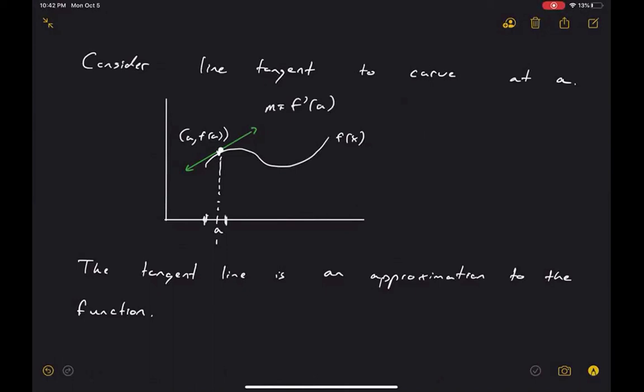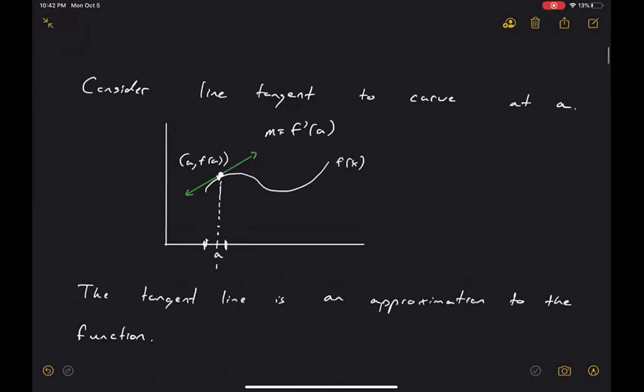The way the textbook tells you to think about this is, let's say we drew a box around the area where our tangent line and our curve meet, and let's really zoom in on that. Imagine that this box over here is the zoomed in version.